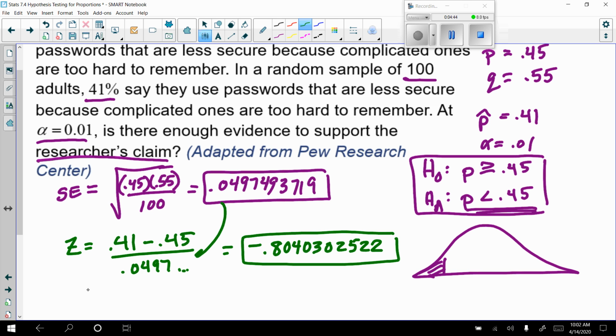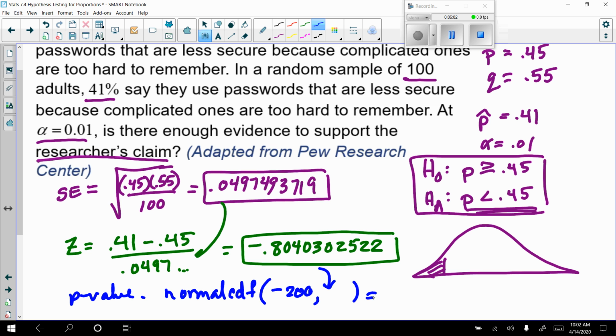Now we need to find our p-value that goes along with that. Since this is a normal model, we can use normal CDF of negative 200 to that number, which gives us a p-value of 0.2106896879.